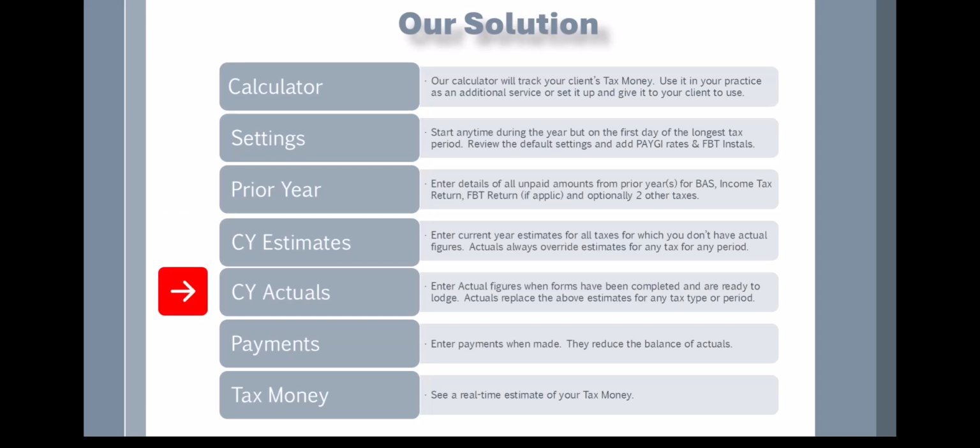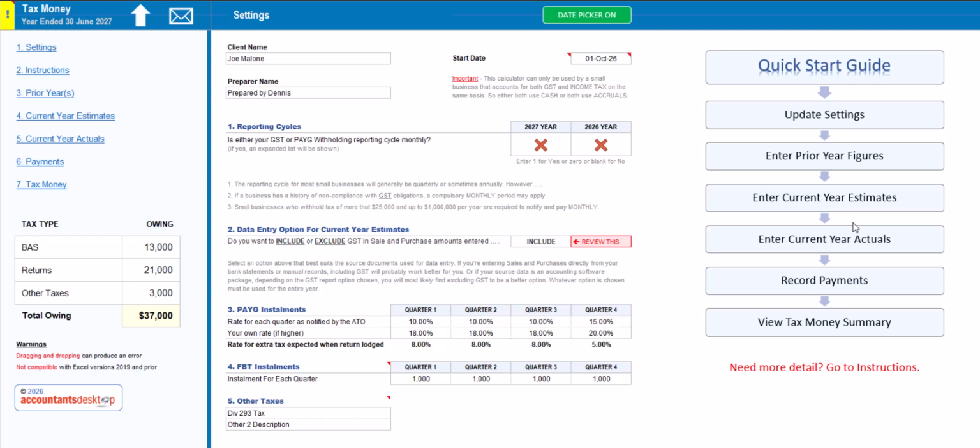When each tax type form has been prepared, enter the actual amount payable or refundable, and this will replace the estimate. And when a payment has been made, enter that amount to update the balance for that tax type for that period. The calculator includes a summary of all data entered and a real-time estimate of the amount owing to the ATO.